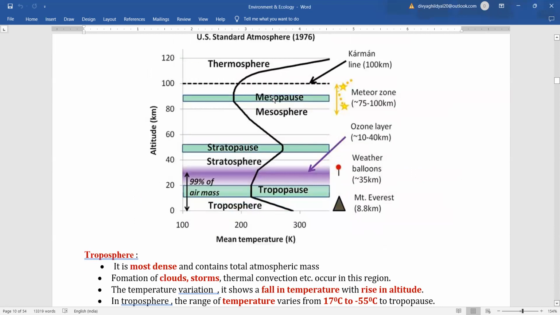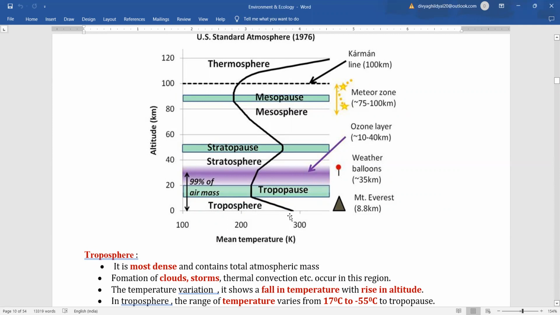Troposphere, stratosphere, mesosphere. So troposphere, what is that? It is more dense and it contains most of the atmospheric mass. Formation of clouds, storms, thermal convection, etc. occur in the troposphere. The temperature variation, as you can see here, shows a fall in temperature with rise in altitude.